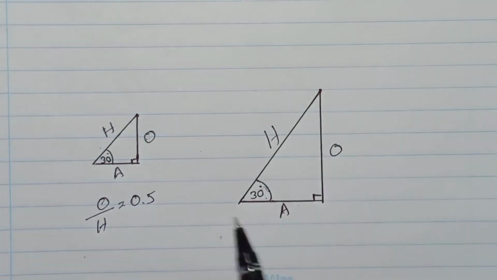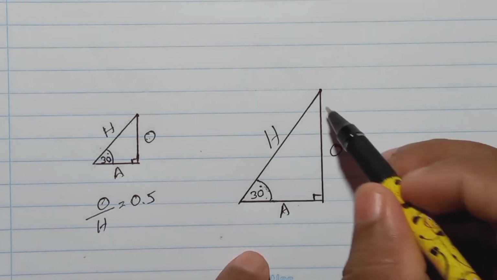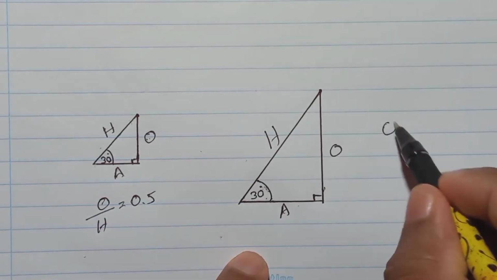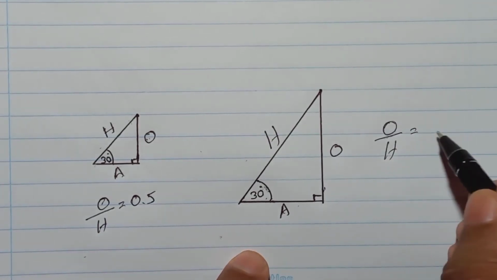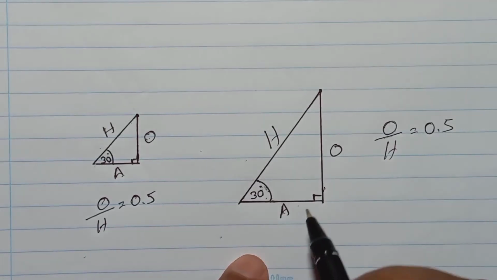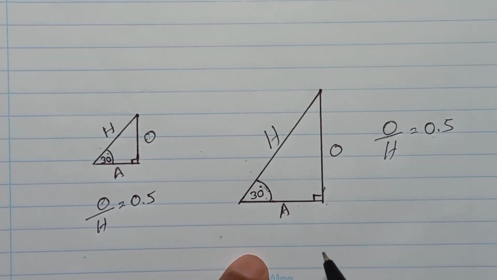Here this is a very big one, maybe even planet size, a very big triangle, it doesn't matter. Here opposite divided by hypotenuse, and here also opposite divided by hypotenuse, this will become 0.5. It will be a bigger value, but it doesn't matter. When you divide this opposite by hypotenuse, it will be equal to 0.5.